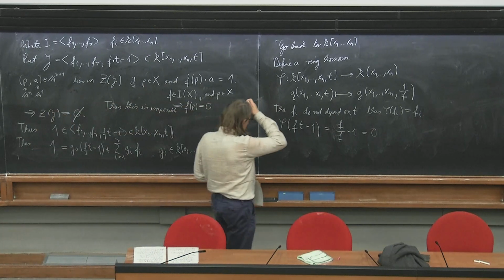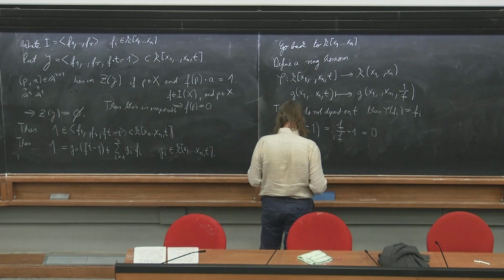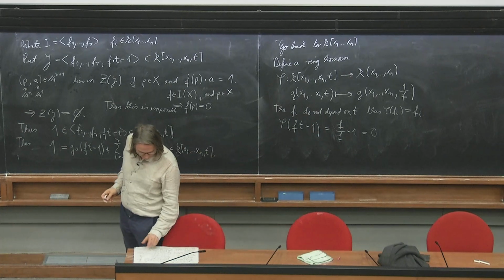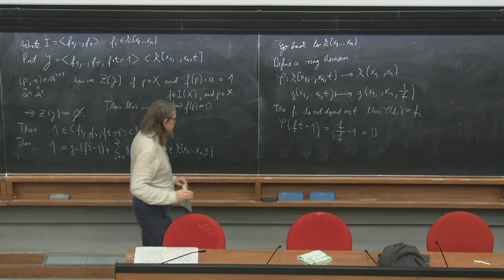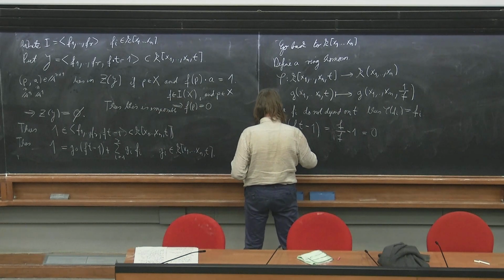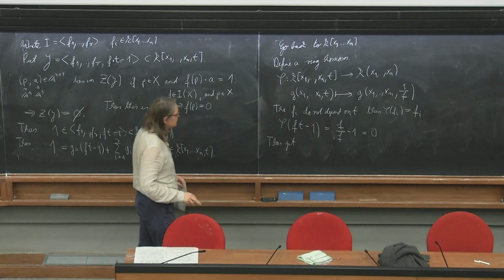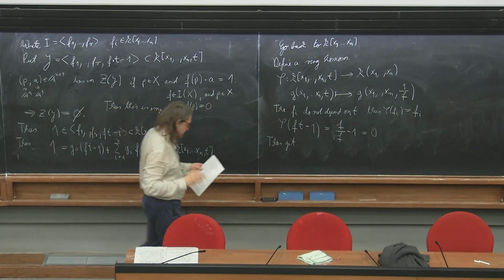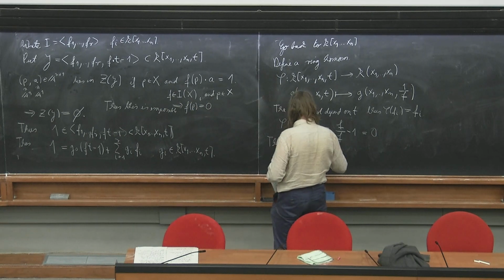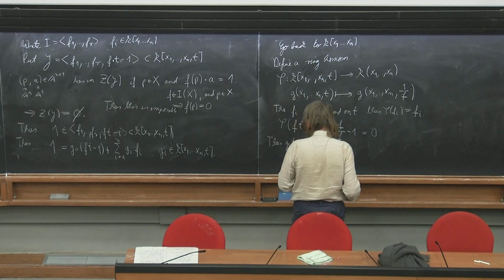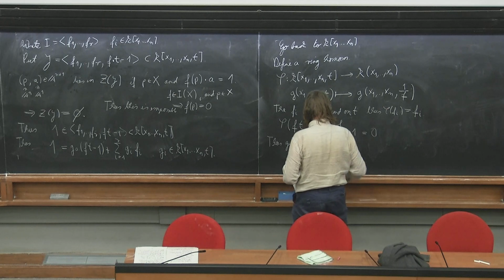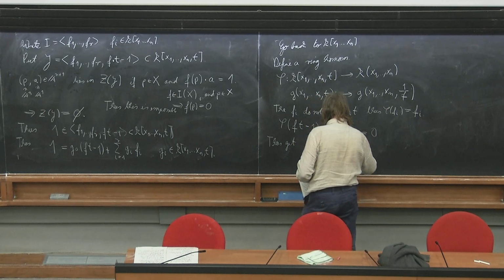So thus we get the following identity in this field of rational functions, namely that 1, obviously 1 is sent to 1, is equal to the sum from i equals 1 to r of phi of Gi times Fi. The first term is not there because this factor is 0.